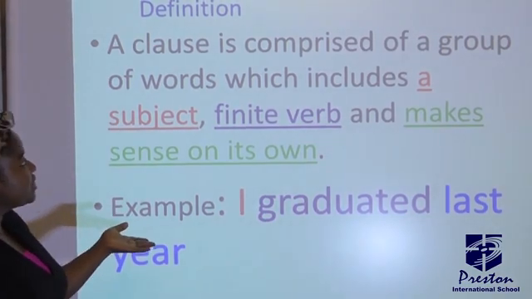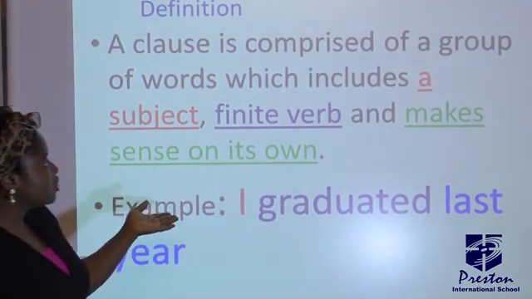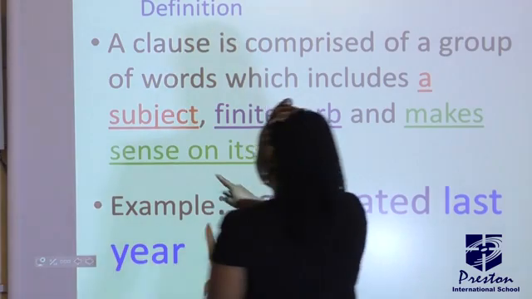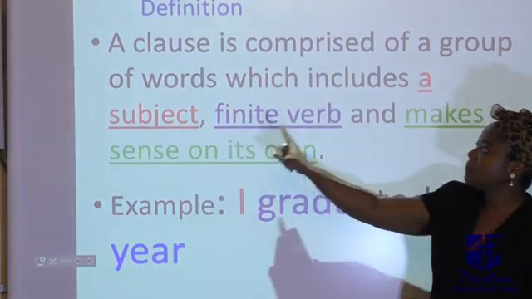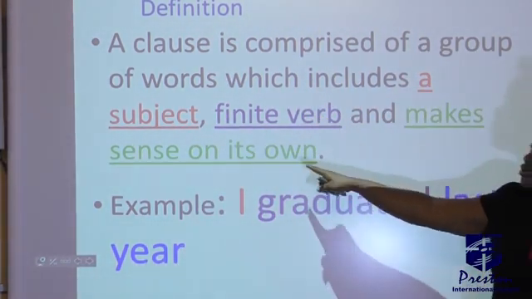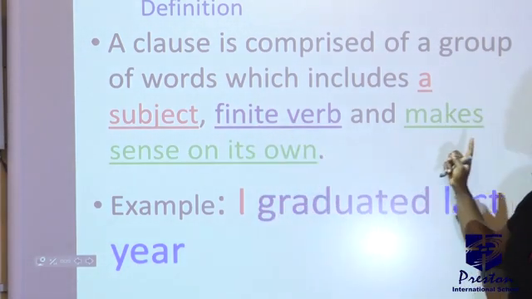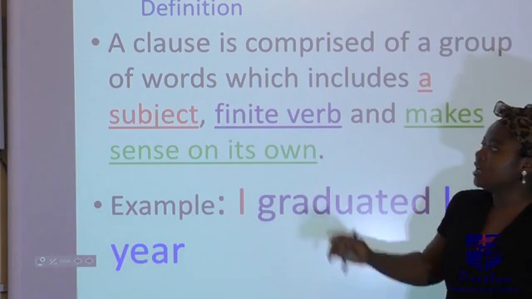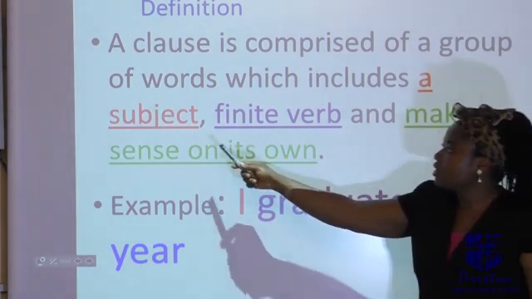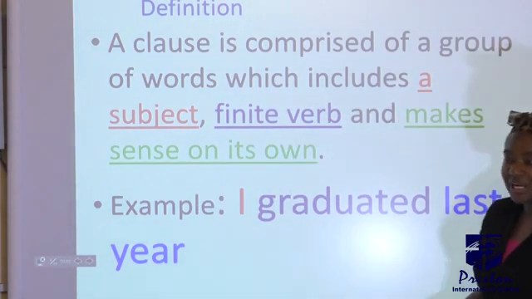Then, what is a clause? A clause is comprised of a group of words which includes a subject, very important, a finite verb. I want you to take note of finite verb, not just any verb, a finite verb, and makes sense on its own. I put these in different colors because I want you to take note of them throughout the class.